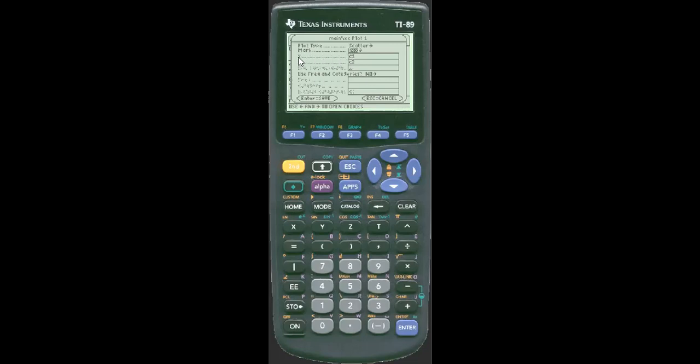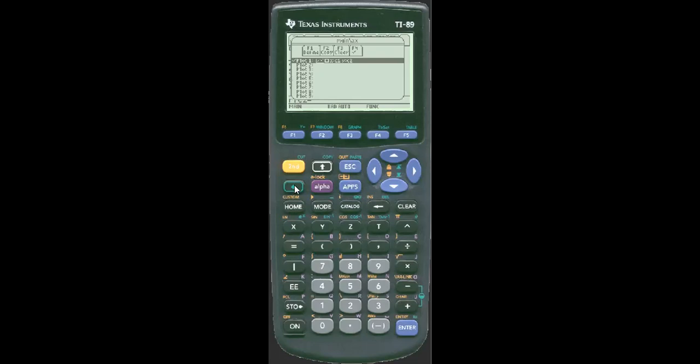X is C1, Y is C2. Okay, press enter. Once you hit enter, it's saved here.